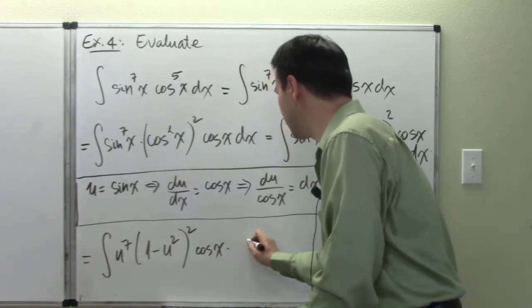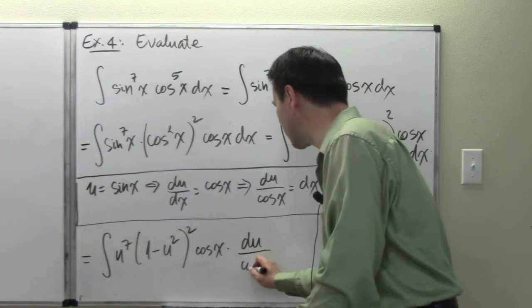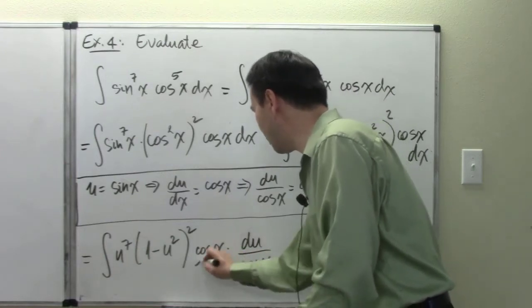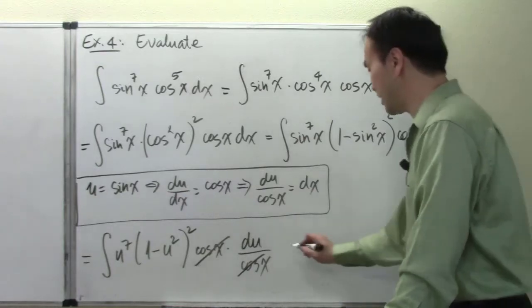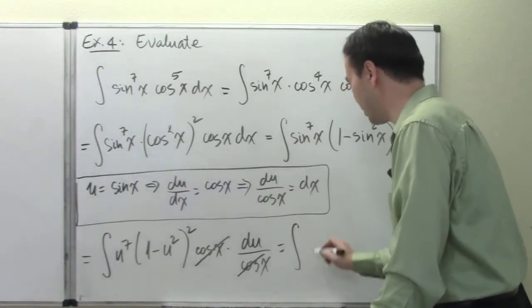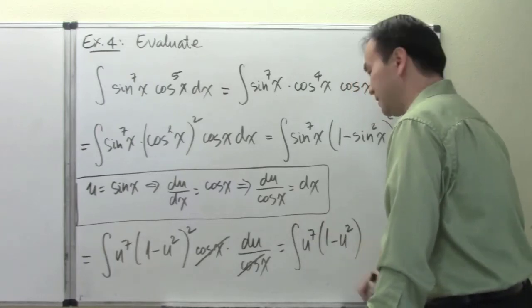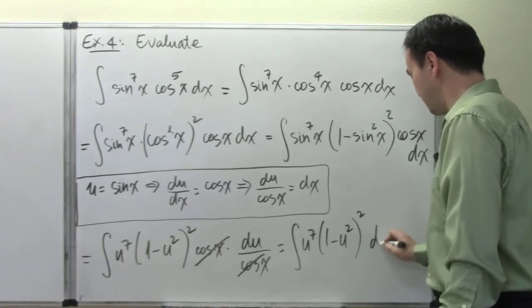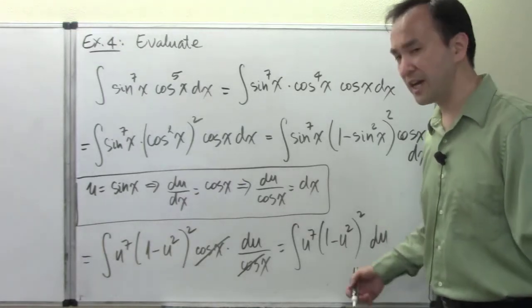But then that's multiplied with, now the dx is substituted by du over cosine of x. And now we have our right to cancel out the cosine of x. So our integral now becomes simply the integral of u to the 7th times 1 minus u squared, squared again, du. It's a completely brand new integral, but very manageable.